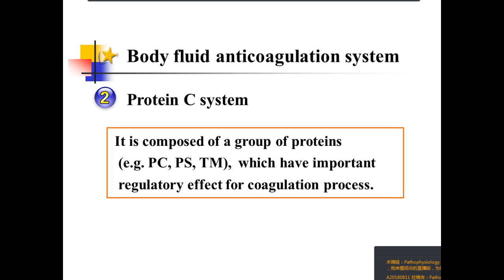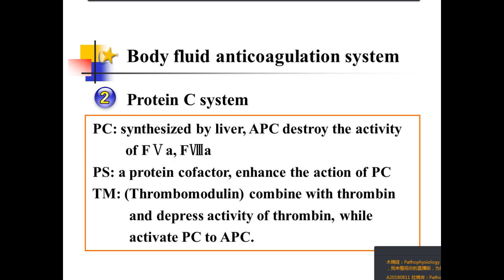Now, the next, the protein C system belongs to the anticoagulation system. The proteins have anticoagulation function. The protein C system includes protein C, protein S, and TM. First, protein C is released by the liver.